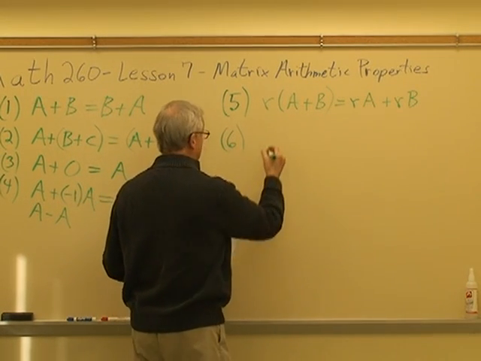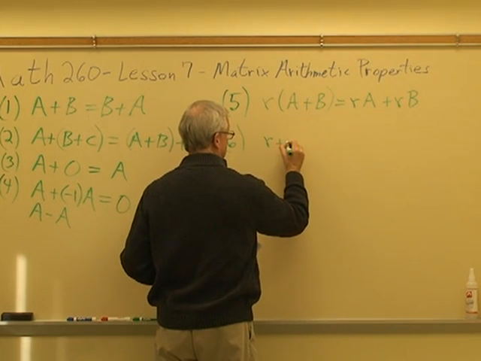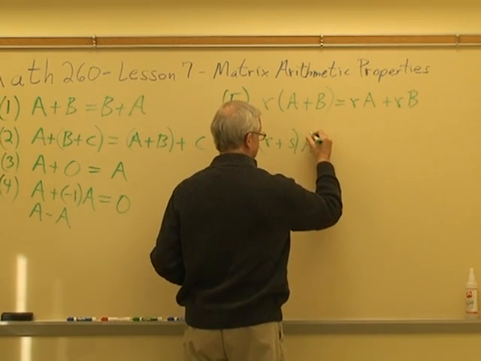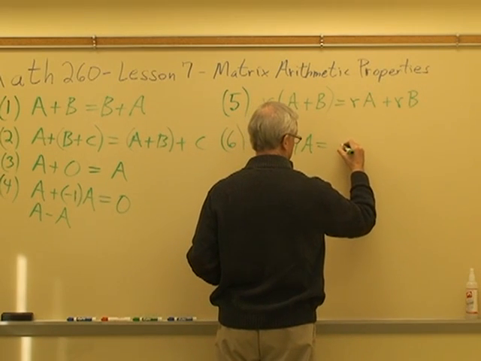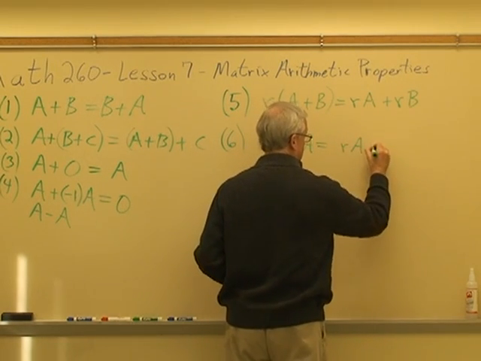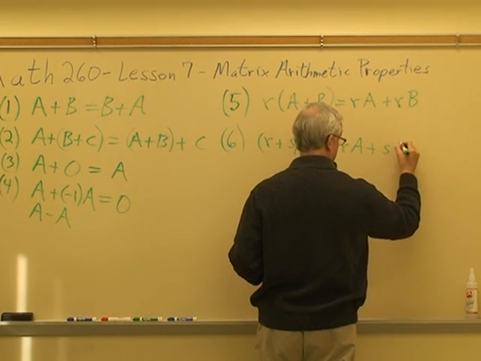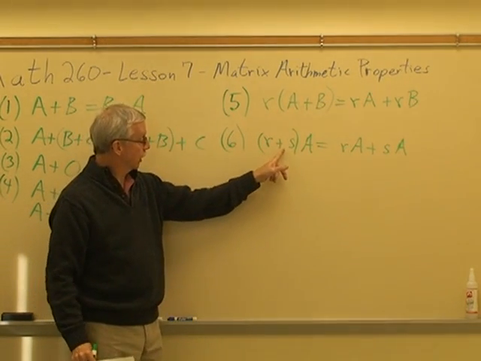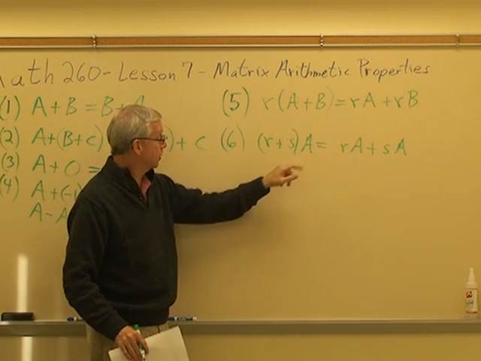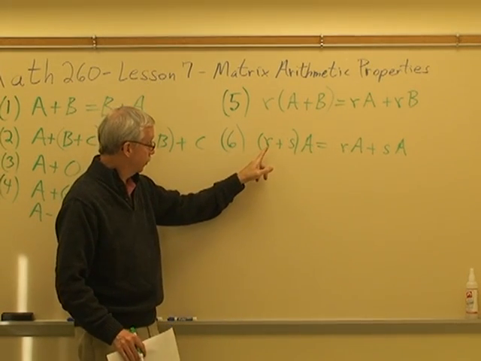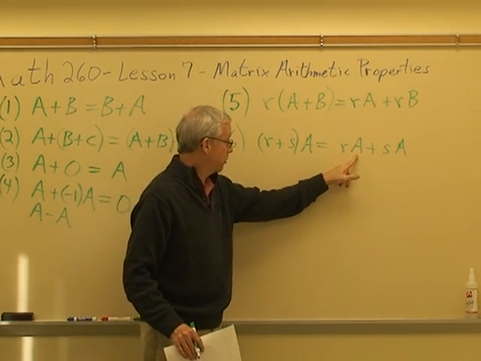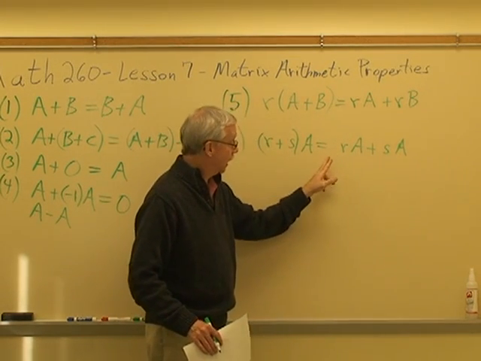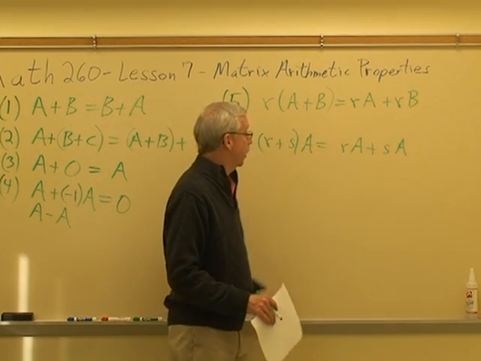Property 6 is similar. If I add two scalars, two real numbers, take that answer and multiply by the matrix, I get the same result as if I take the first one and multiply it by the matrix, take the second one and multiply it by the matrix, and add those two resulting matrices.